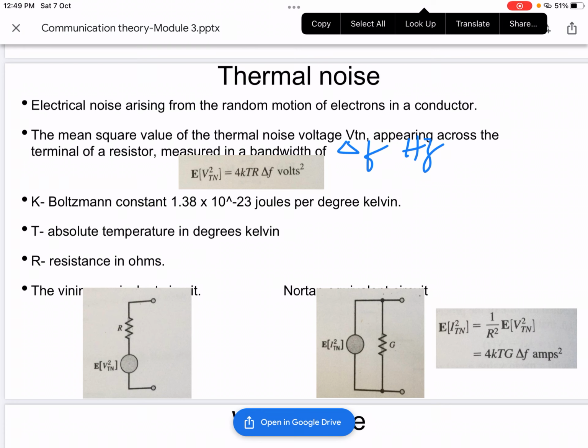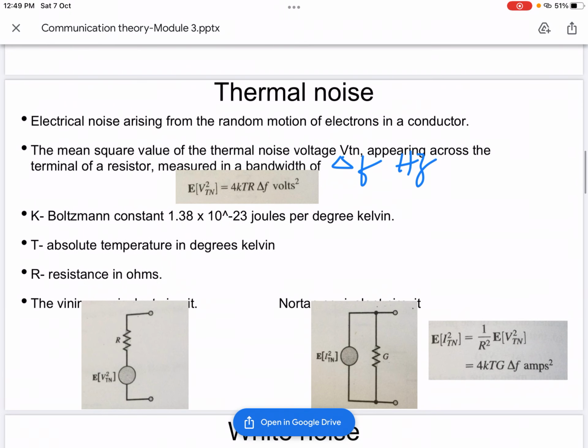Noise calculation always involves the transfer of power, how much power is transferred. So we find that the maximum power transfer theorem is applicable to such calculations.